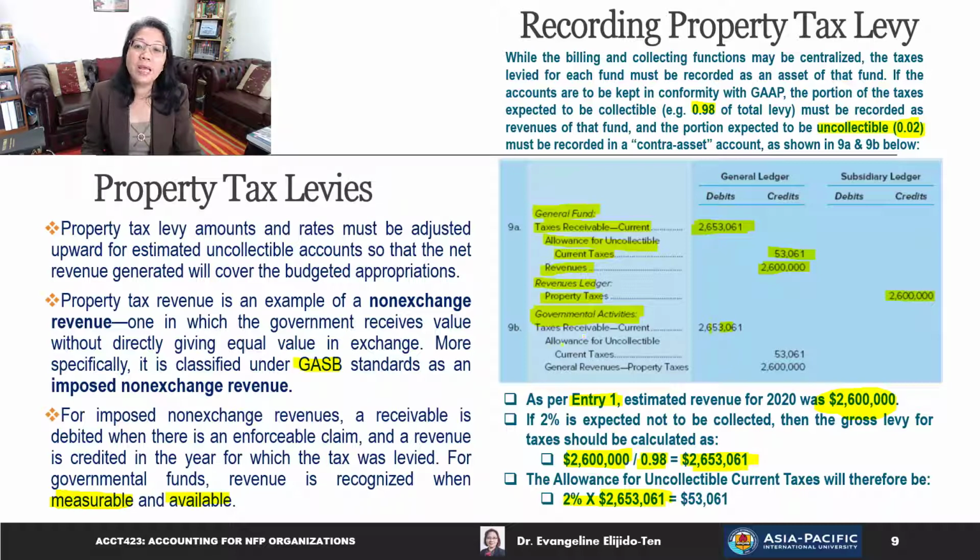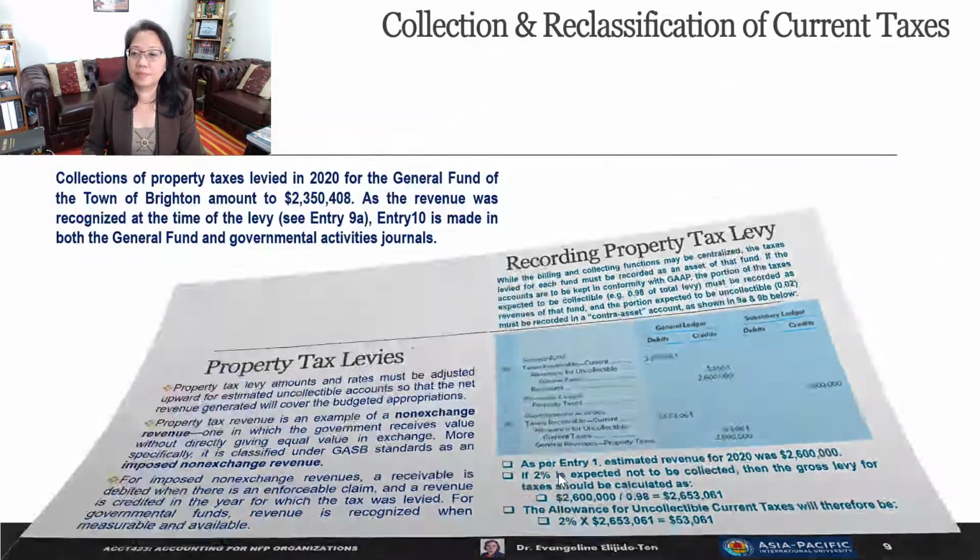And you will be crediting the same allowance for uncollectible current taxes, 53,061, and the credit is for general revenues, property taxes, 2.6 million. Remember that at the government-wide level, we want to know which are general revenues. So property taxes is part of your general revenues.